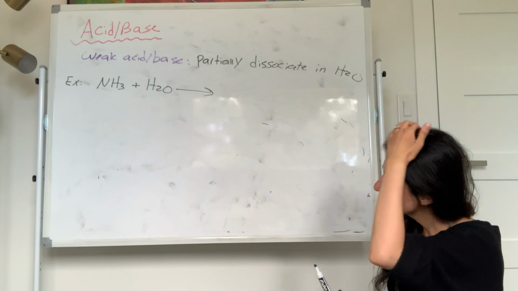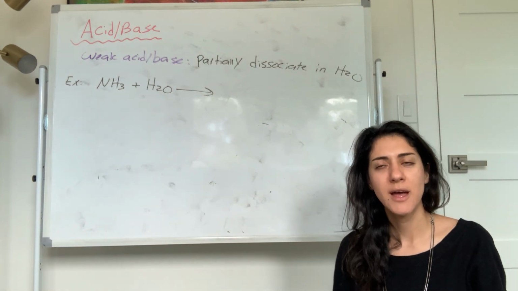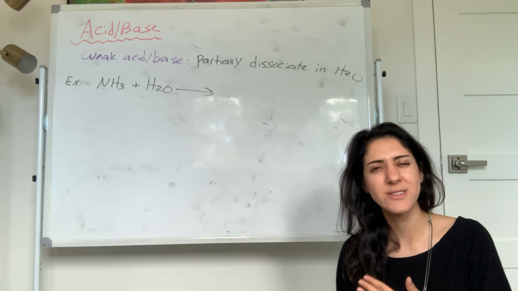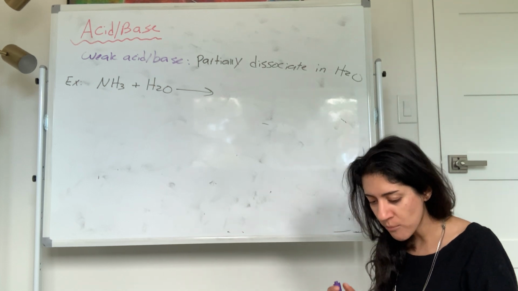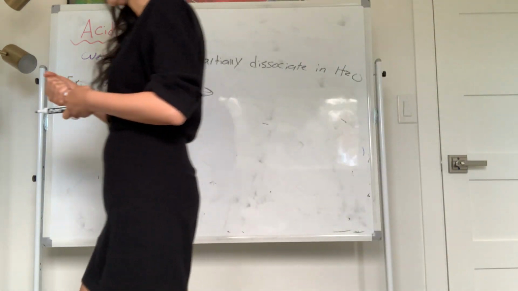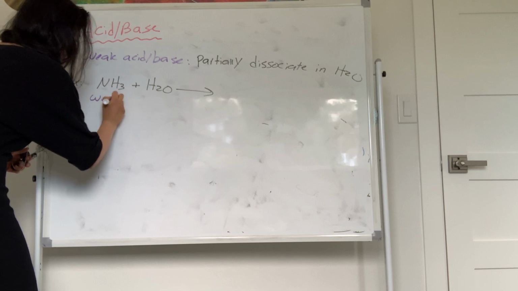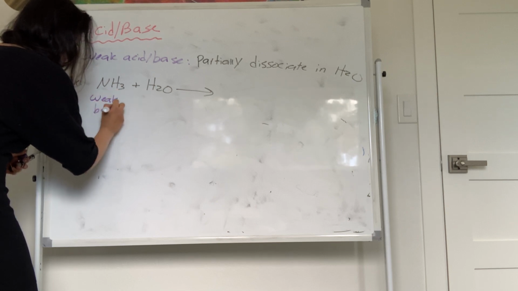It's one of the ones that we ask you to memorize in Chem 1A. It doesn't have an OH, but it's a weak base, and you're about to see why. I need you to remember that. Make a note of that: ammonia, NH3, is a weak base.